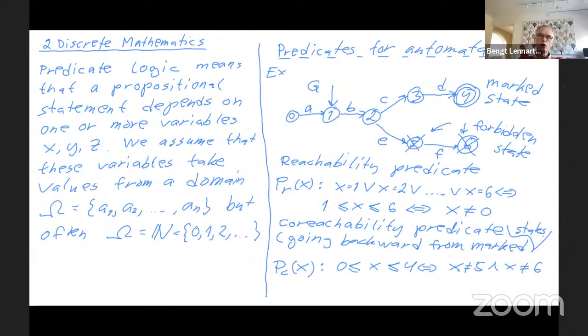That is called a non-blocking controller. And the solution to that is to include states 1, 2, 3, and 4. Then I have the predicate representing the good states, generating the non-blocking controller. Let's see what it says on the next.